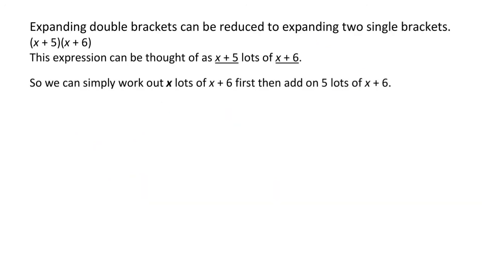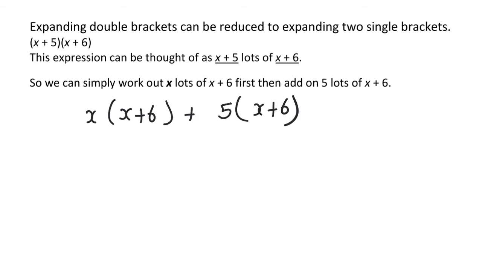Now, expanding double brackets can also be reduced to expanding two single brackets. So again, working with this example of x plus 5 upon x plus 6, we could think that it's x plus 5 lots of x plus 6. Now to do that, we would work out x lots of x plus 6, and then add on 5 lots of x plus 6.